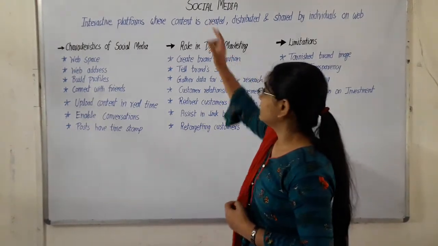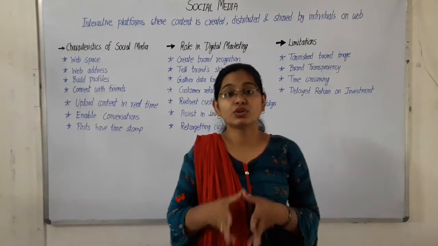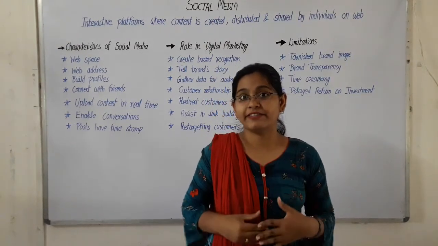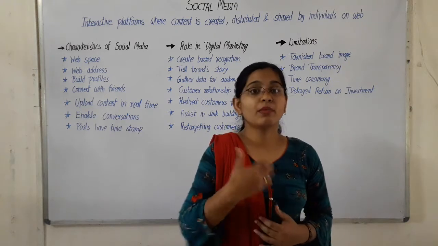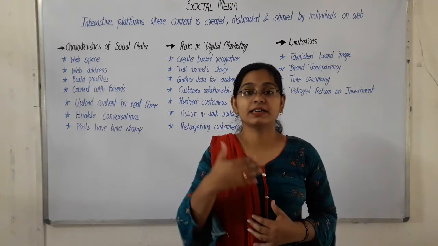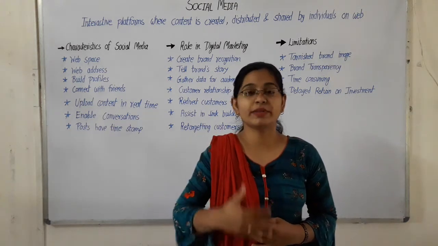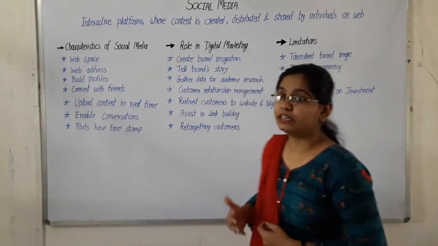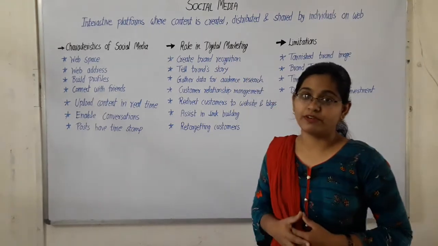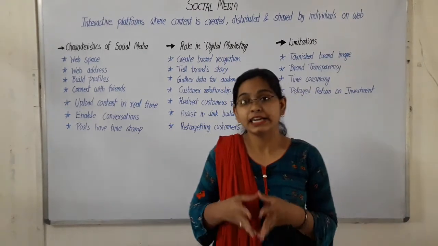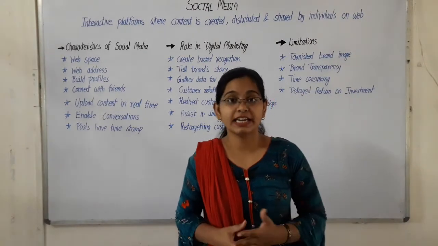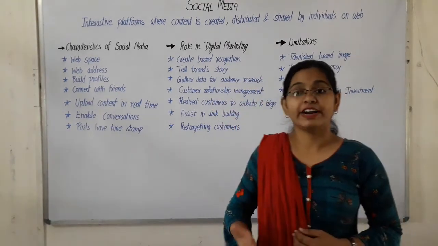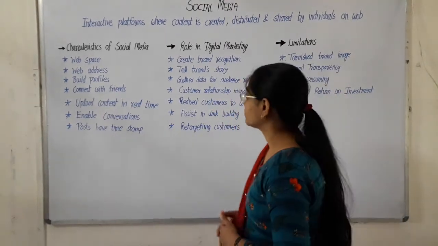So, the name itself suggests that social media is a medium by which two or more people can share information, or whatever they want to share, easily by using their social media platforms. Here they can create content and share it with their friends and other people.